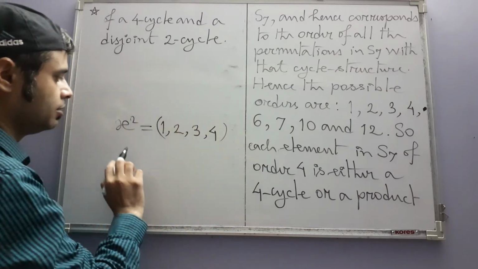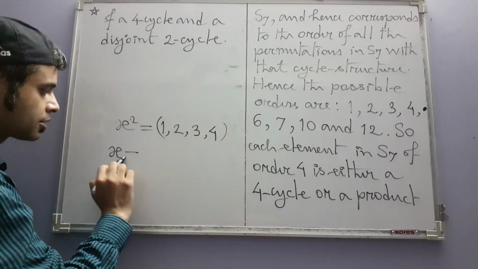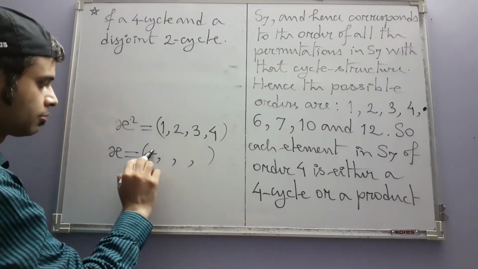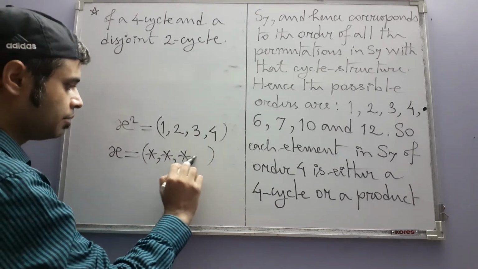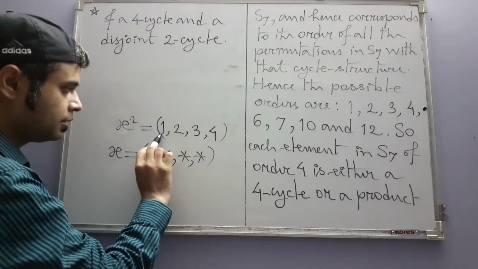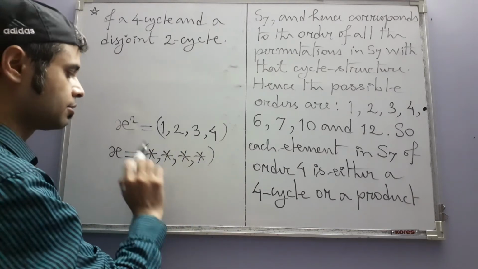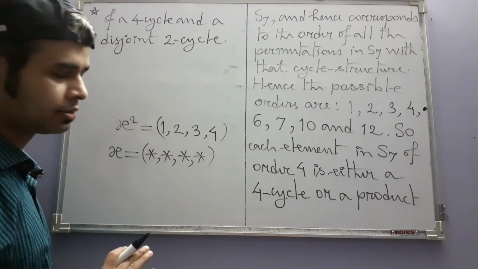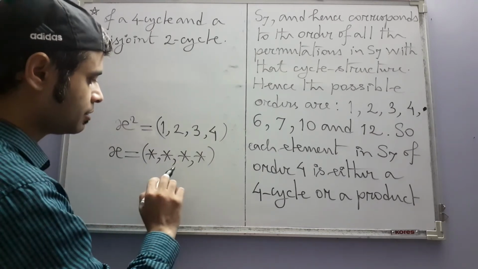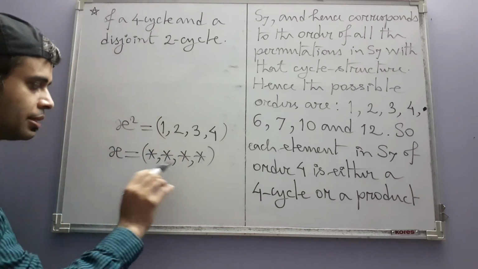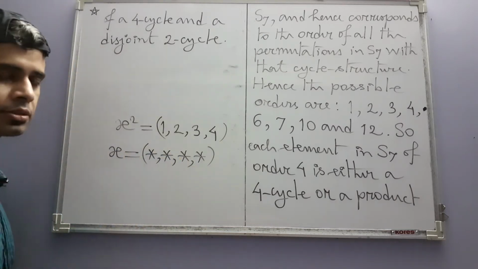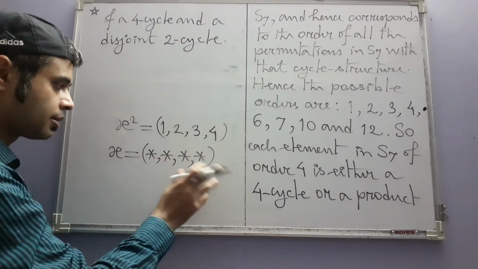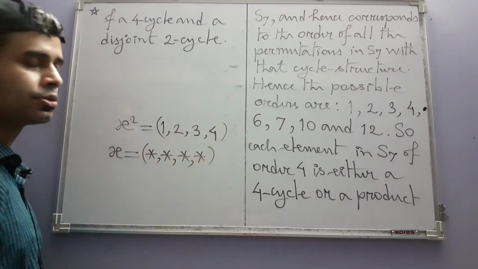So evidently, whatever 4 cycle x is, the symbols in it cannot be anything else. That is, the symbols will be these symbols only, because if you have something else, then that something else will still stay when you form x square. So this will again be another possible partition of these four symbols.